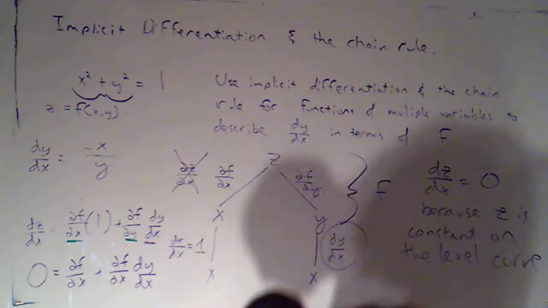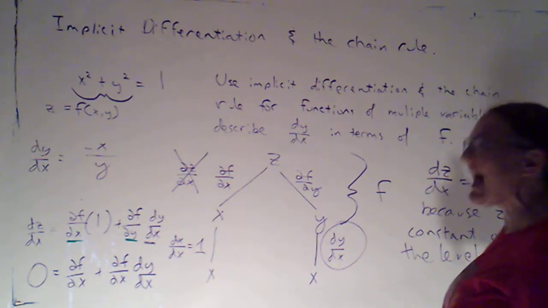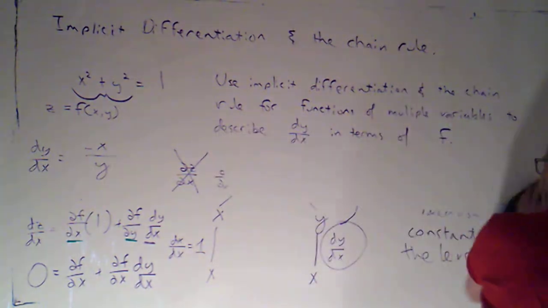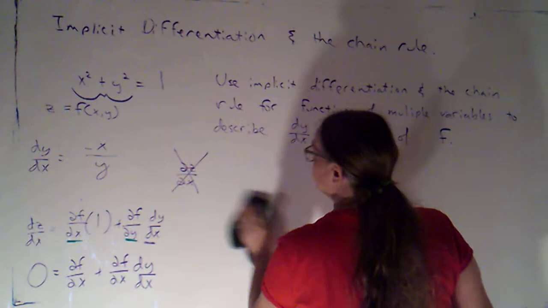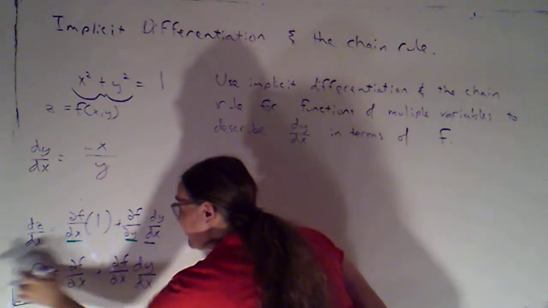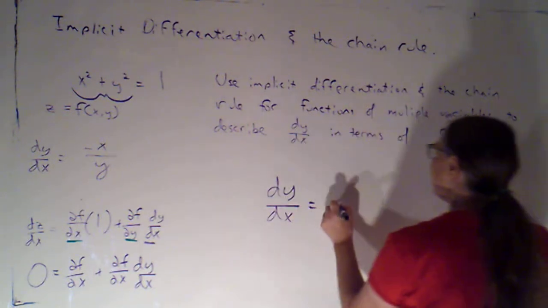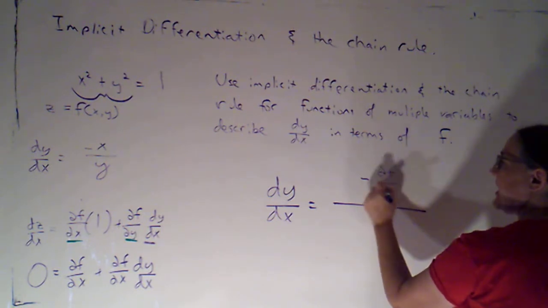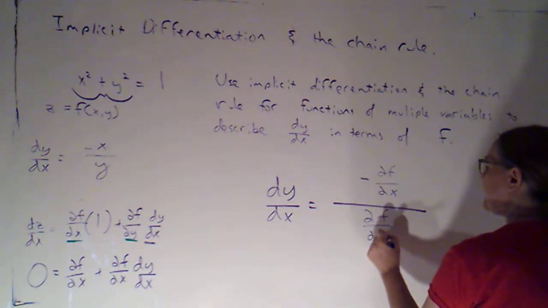Now, if I wanted to solve for dy by dx, I can do that. Okay, let me give myself some space. Okay, so I'm going to subtract this over and divide by this. So dy by dx is going to be the opposite of the partial of f with respect to x divided by the partial of f with respect to y.